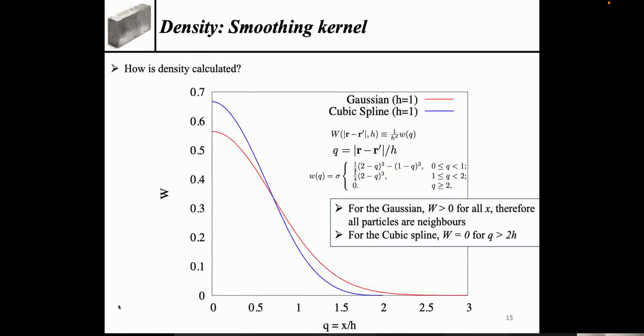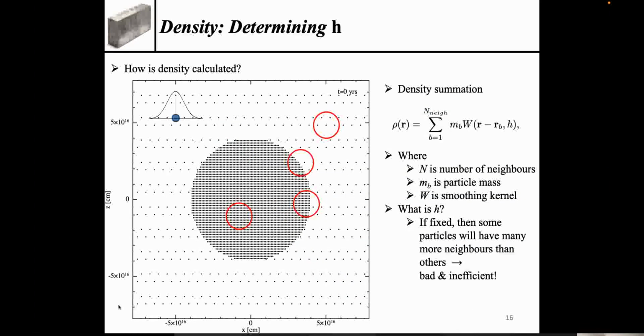The final question that we get to look at is, what is h? For the Gaussian, that was just a free parameter. Now, we could arguably use a free parameter here as well.